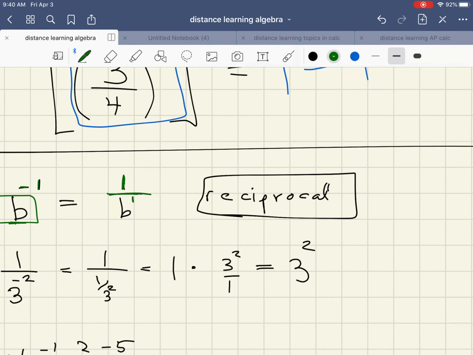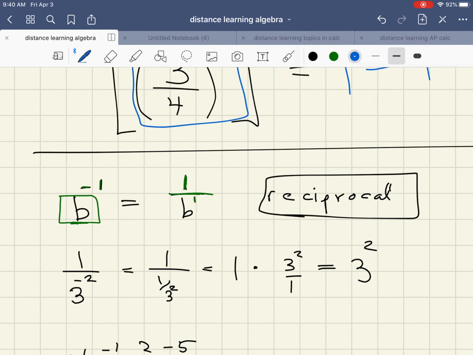So b to the negative 1 is really being divided by 1. And the b goes into the denominator and changes the exponent to a positive. We can't really see that coefficient in front of that b, but if there isn't one, there's a 1. So that 1 stays there, and the 1 in the bottom stays there, and we multiply by the b.